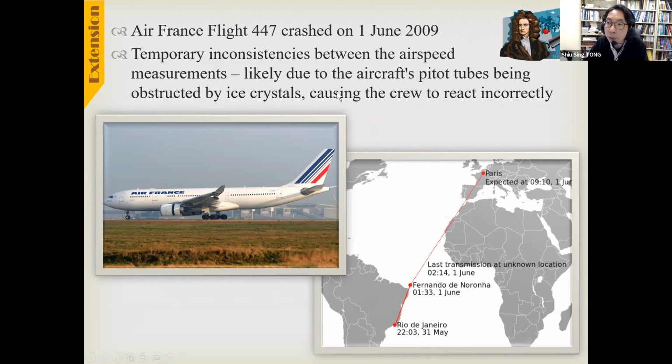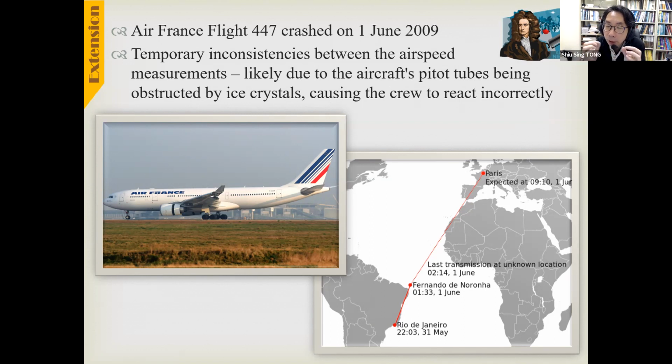Now, what actually happened with the flight? We believe that there was a temporary inconsistency between the airspeed measurements. It is quite likely due to the aircraft's pitot tube being obstructed by ice particles, because the airplane is flying high in the sky, and the air temperature is very low there.